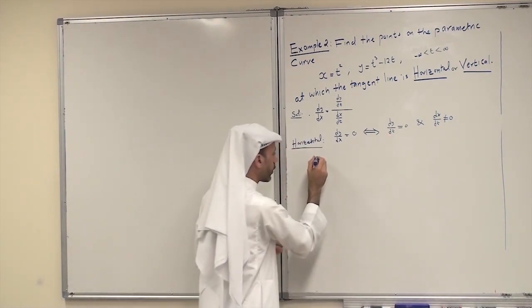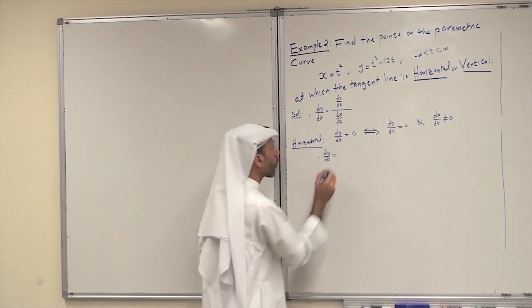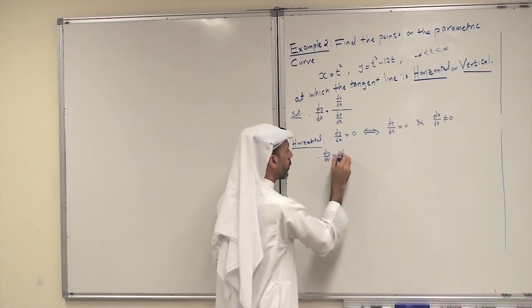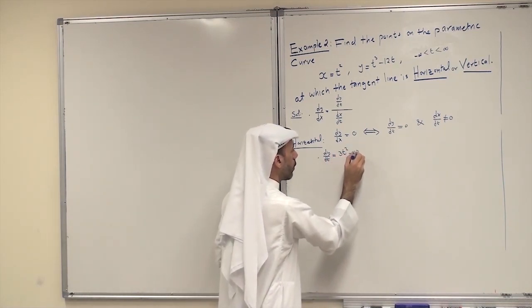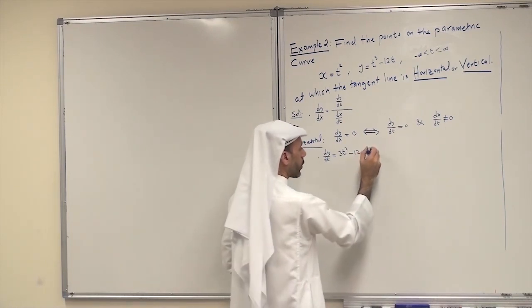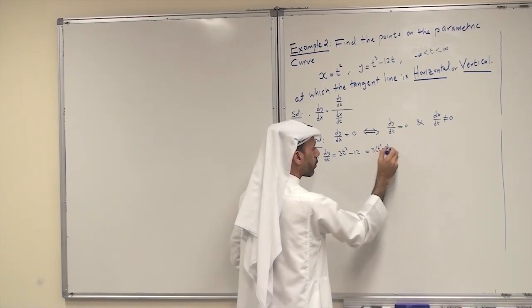So what is dy/dt here? The derivative of y is 3t squared minus 12. Find the zeros. When you factor, this is 3 times t squared minus 4.